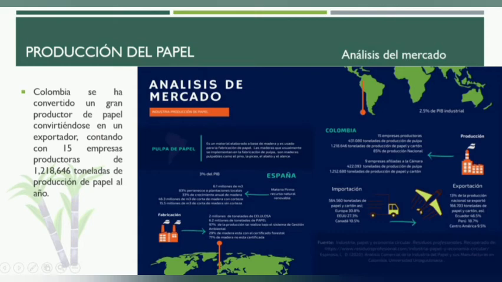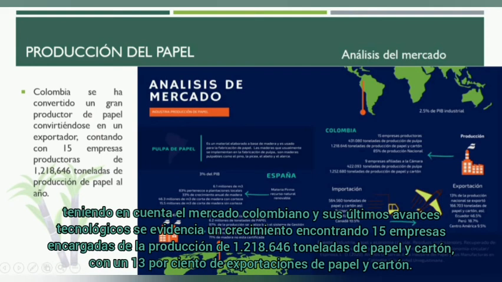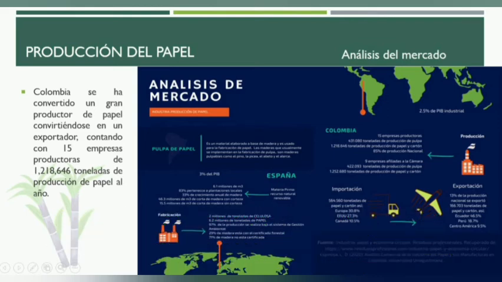Considering the Colombian market and the latest technology advances, there is evidence of growth with 15 companies in the production chain, producing 1,018,647 tons of paper and board, with 13% exported.